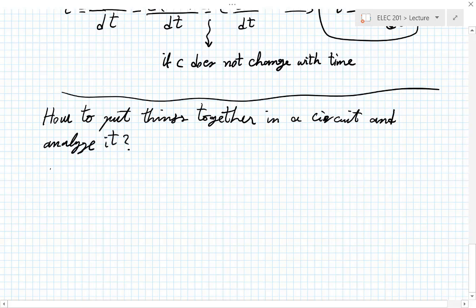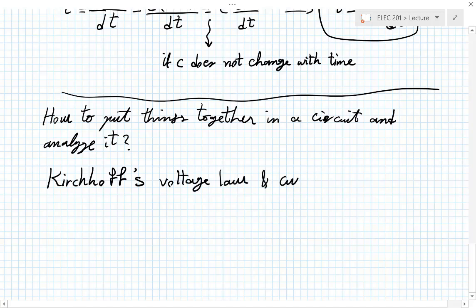And for that, we need, I hope I'm spelling this correctly, Kirchhoff's voltage law and current law. KVL and KCL.